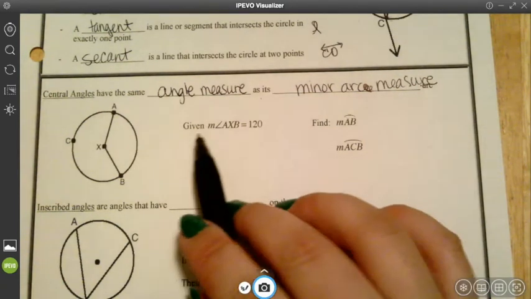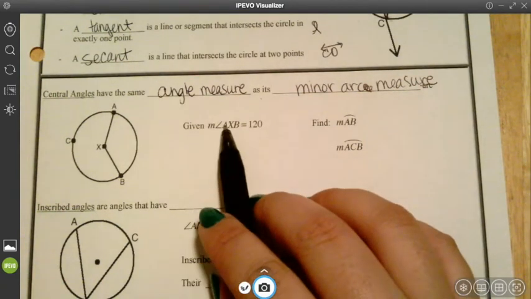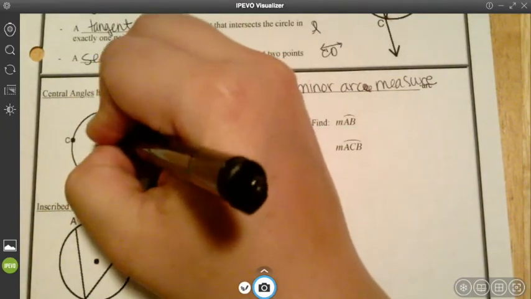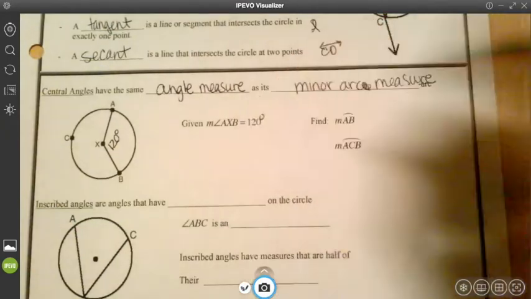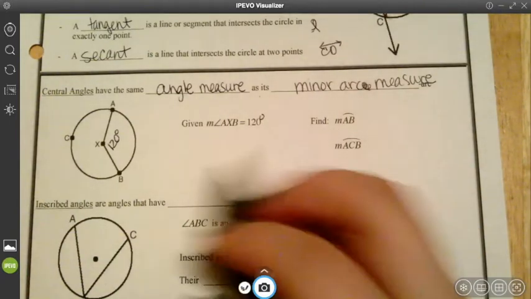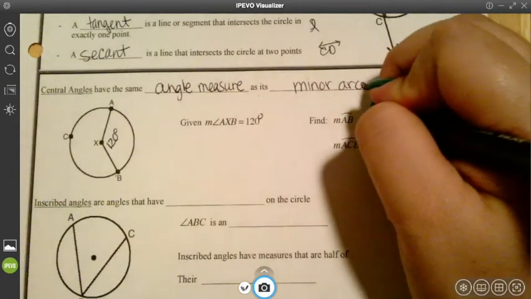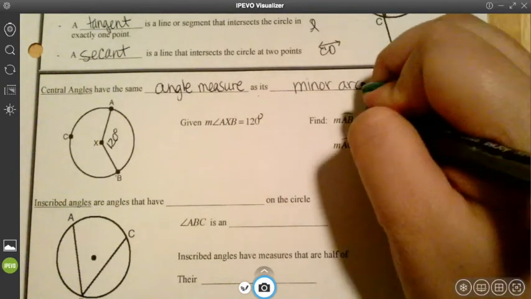So if we have the angle AXB is 120 degrees, then we know that the measurement of that minor arc A to B is also written as 120 degrees.